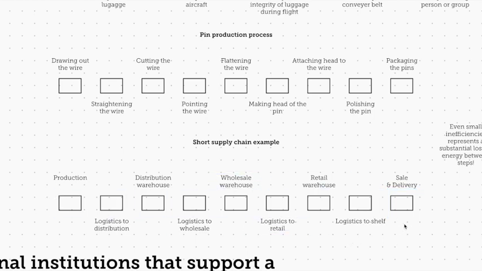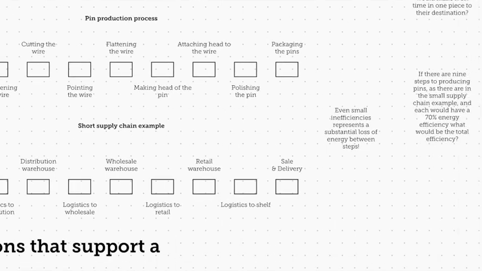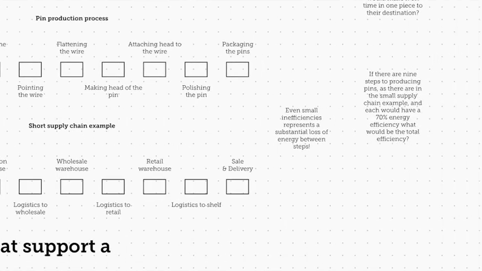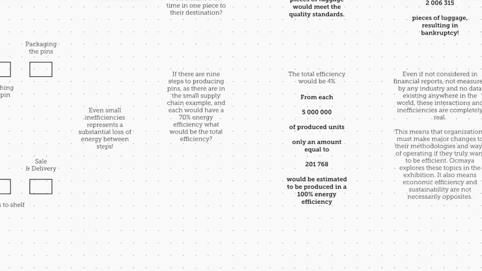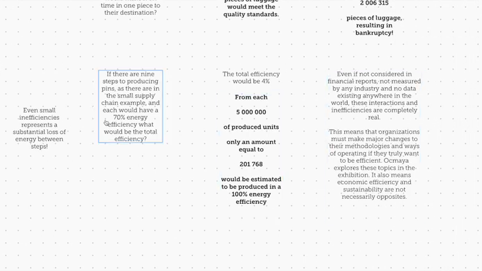This can be great for financial reports, but it's not very good for energy, for example, in specific, right? Because if we said 80% is something that's quite okay, then what if we would have something relatively deficient, like 70%, for only these 9 very short steps? Then we just need to multiply 0.7 to the power of 9, and we would have only an efficiency of 4%.